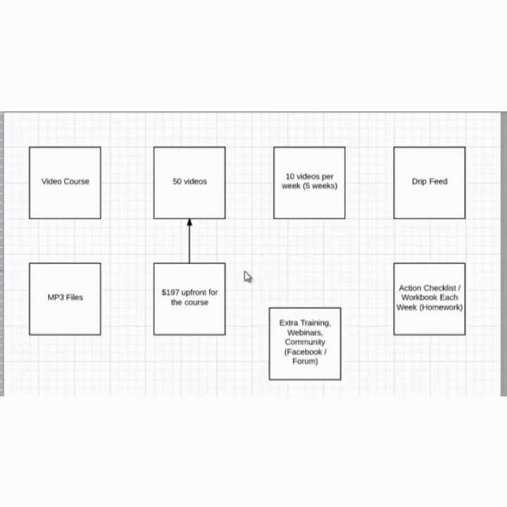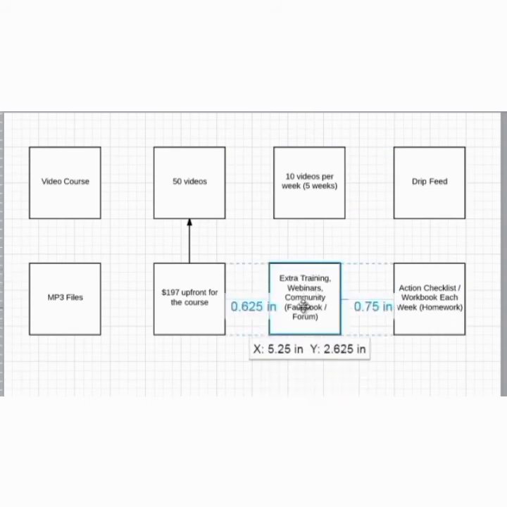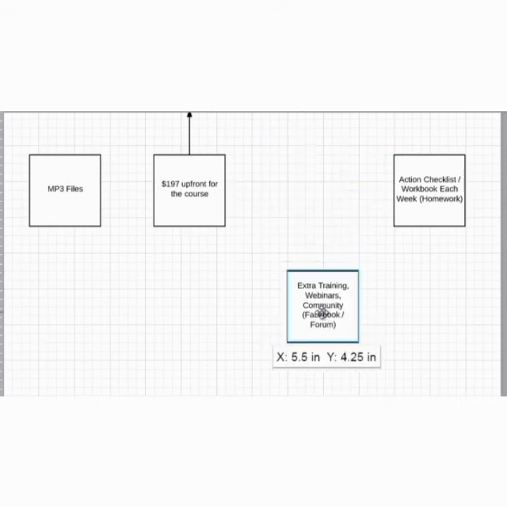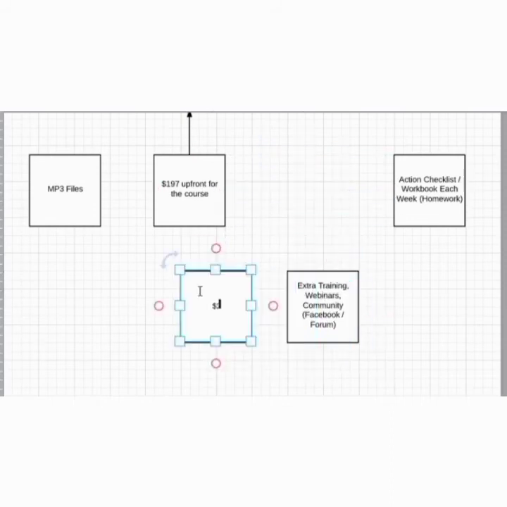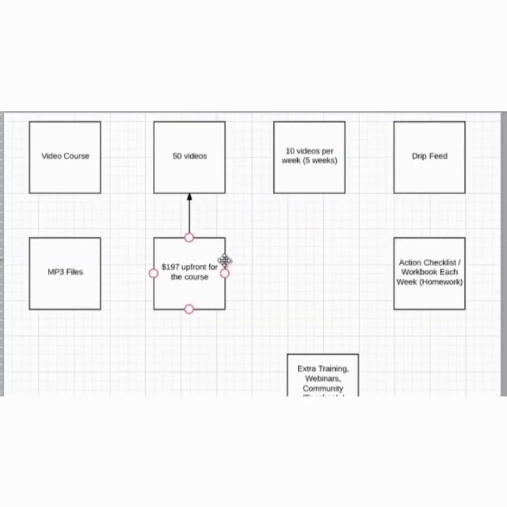But all right, as you can see here, let's just do $197, and then let's do $27 per month. So we're going to tack that on. So essentially what is happening here is we have a $197 upfront course. They're going to get all of the 50 videos, but they're going to get it on a weekly basis.